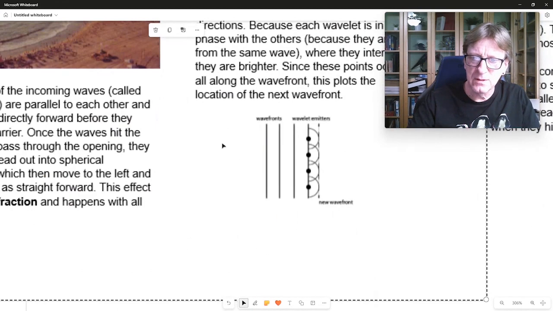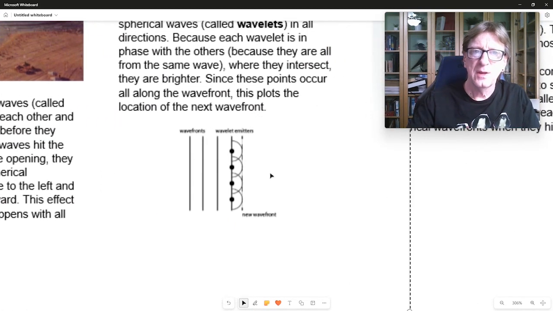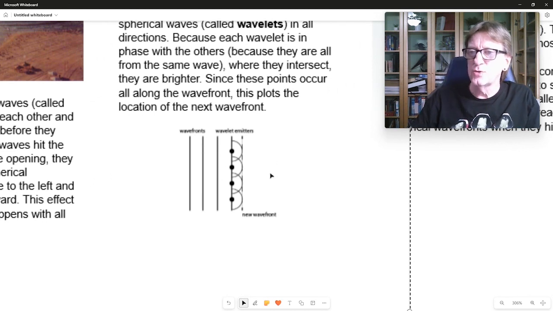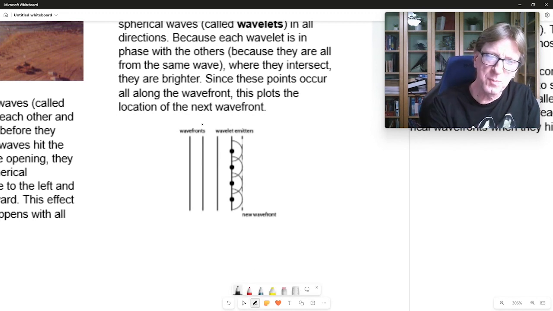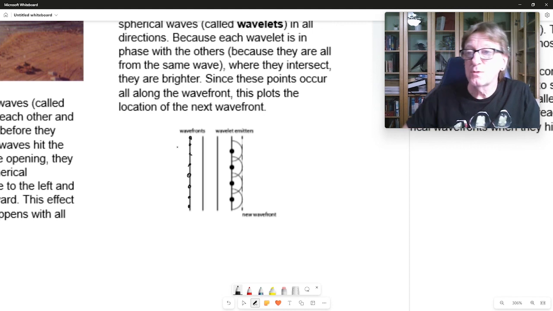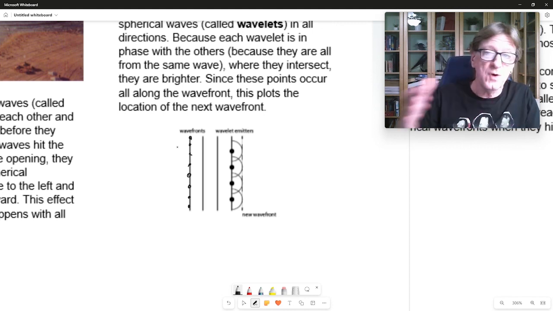All right, so take a look at this diagram here. There is a way that we can draw this idea of spherical wavelets. If you think about each particle of water right here, so we've got a bunch of particles of water in my wave. Those particles of water don't actually move forward, maybe a little, but not much.